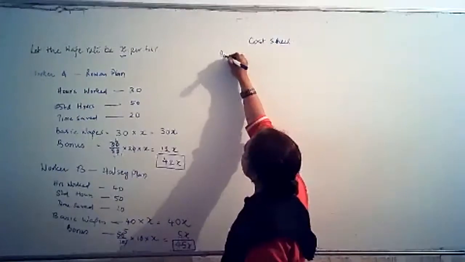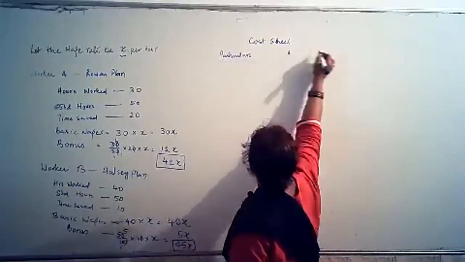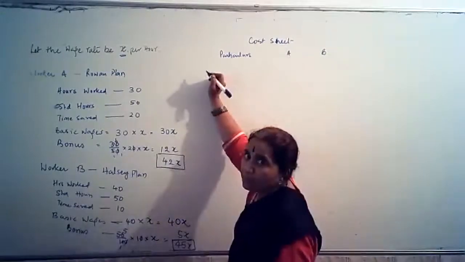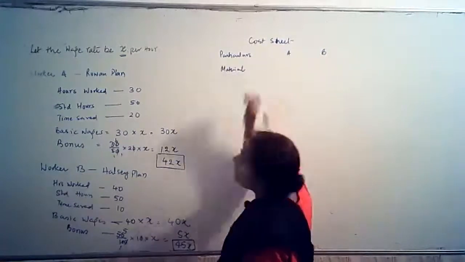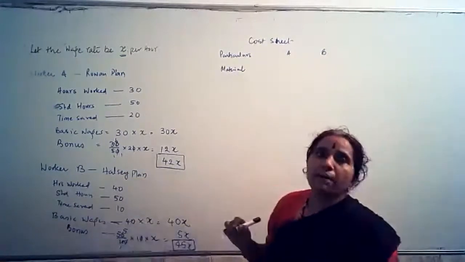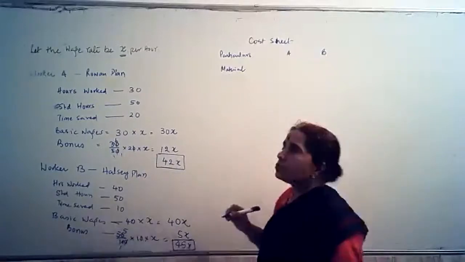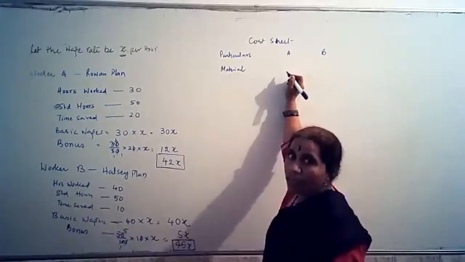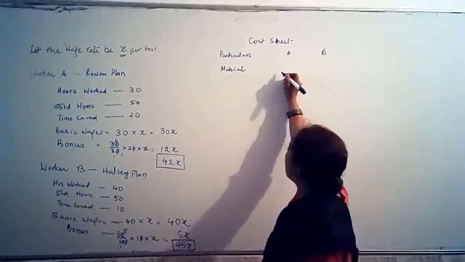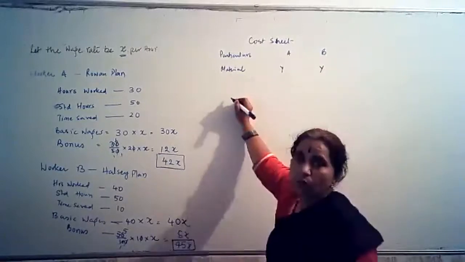The particulars will be for A and for B, two different people. First will be material. Since both are manufacturing the same product, both will have the same material. We don't know how much it is, so I will call it Y. Y is my material for both.